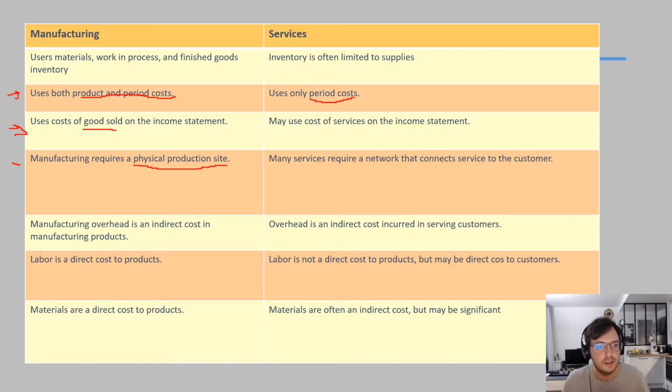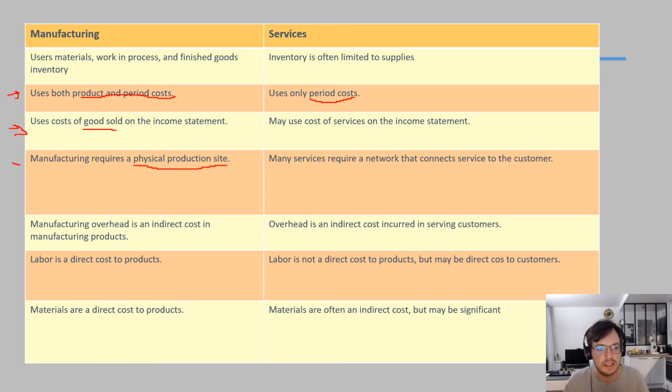Next one: in manufacturing, labor is a direct cost to products, while in services, labor is not a direct cost to products, but may be a direct cost to customers. An example is accountants in accounting firms or doctors in medical practices. They are a direct part of the service they provide to their clients, and therefore these categories that in manufacturing would be indirect costs are here considered a direct cost.